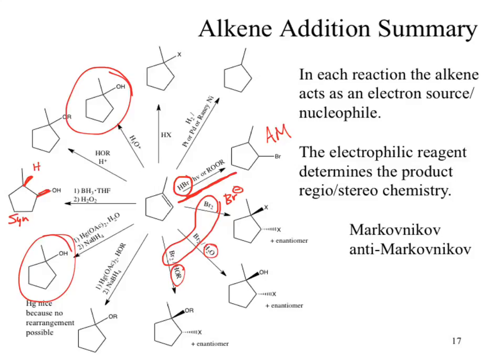One that's not in here is if we had reacted that, whoops, that's an eraser. If we'd done Br2 with our radical initiator, what would our product be? This one's a bit obnoxious.